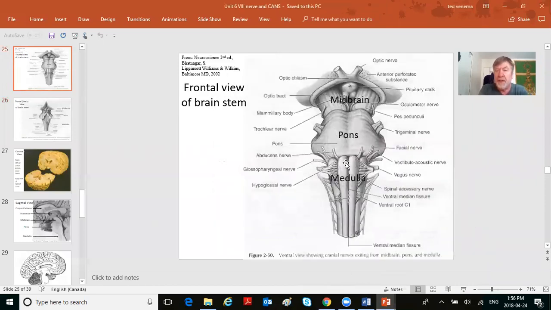From here to here. From where the eighth nerve meets the brainstem at the pontomedullary junction to the midbrain where the inferior colliculi are located. That distance is 1 inch, same as the length of the eighth nerve.